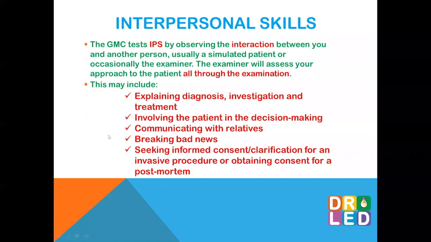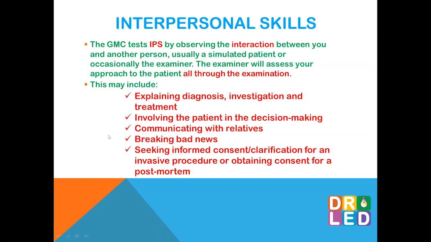You need to involve the patient in the decision making. Your patient is not a robot. Actually, he is a real human being. You need to ask them and take their decisions before doing anything that they must be involved in.